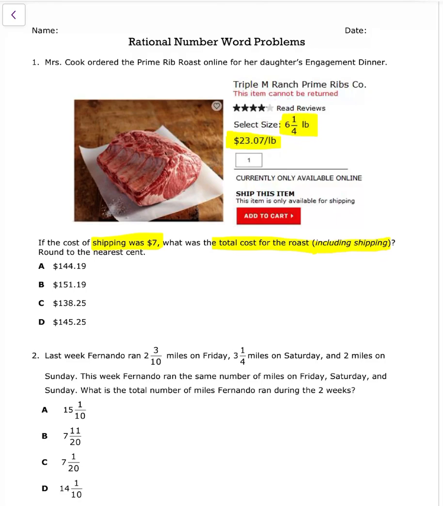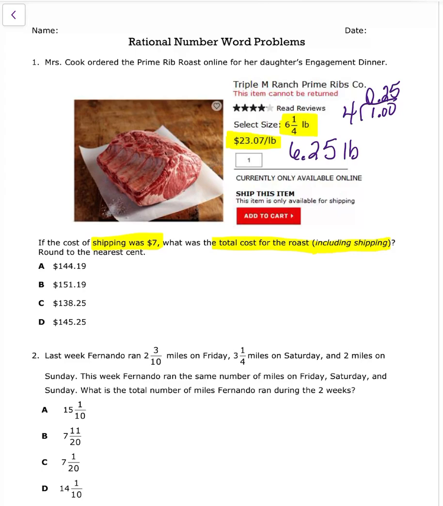If you don't have it memorized, hopefully you memorized what 1/4 is as a decimal. If you haven't, then you can do numerator in, denominator out, NIDO, and it'll be 0.25. So they bought 6.25 pounds of the prime rib.